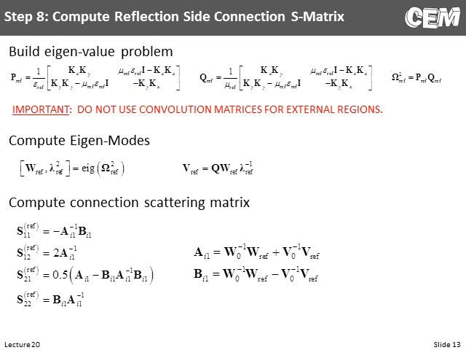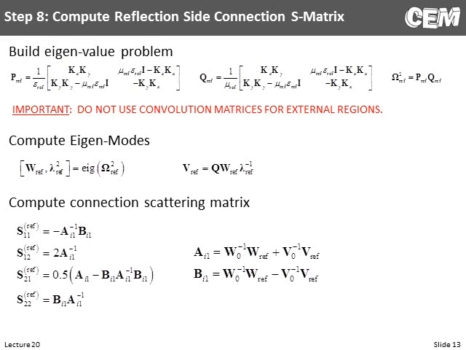At the end of that, we have a scattering matrix which describes scattering through our entire stack of layers. However, whatever that structure is, it is now surrounded by free space, and that may not be the case. So what we need to do now is calculate the reflection side and transmission side connection scattering matrices.